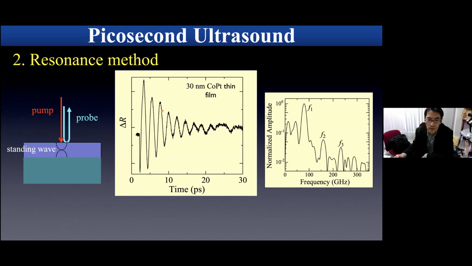The resonant frequency is about 100 gigahertz. From the resonant frequency, we can determine the sound velocity and then the elastic constant. So in this case, nearly 100 gigahertz ultrasound measurement is made possible, and we can further increase the frequency of the sound wave with this technique.